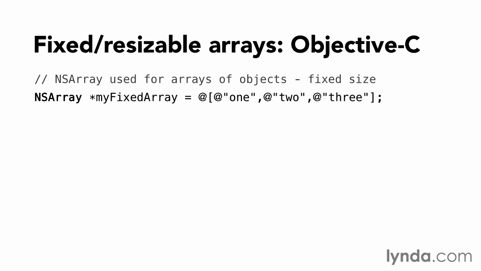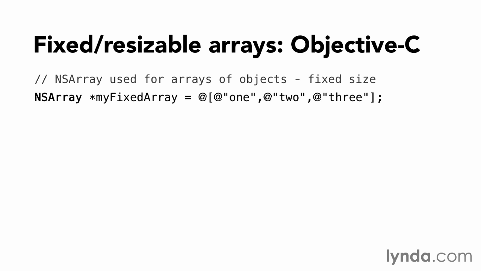Now, most of the common classes and behaviors in Objective-C programming have this NS prefix. It's a throwback to when Objective-C was used for developing the NeXTSTEP operating system that the Macintosh OS is built on. So this NSArray, like the standard Java array, is also fixed size. It's an immutable array. You can create it to hold as many objects as you need, but you can't add or remove once it's been created.